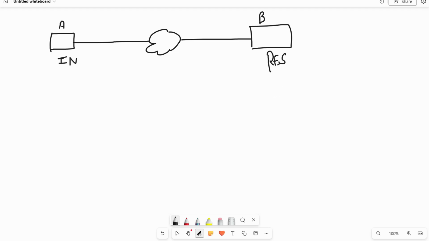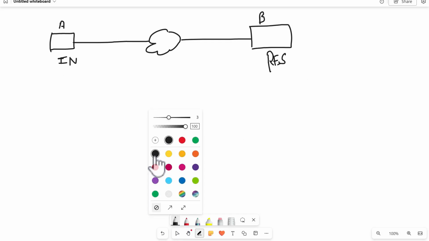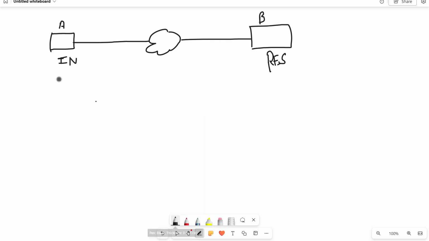Now what will actually happen? In the first packet exchanged during the IKE process, what information will it carry?